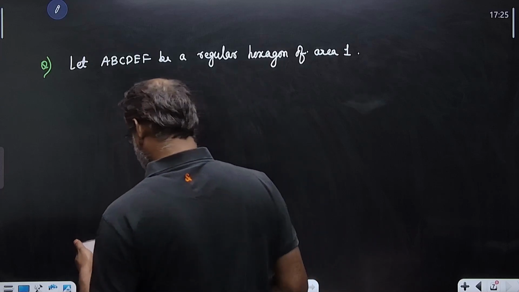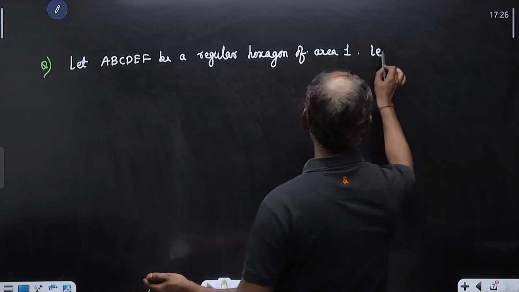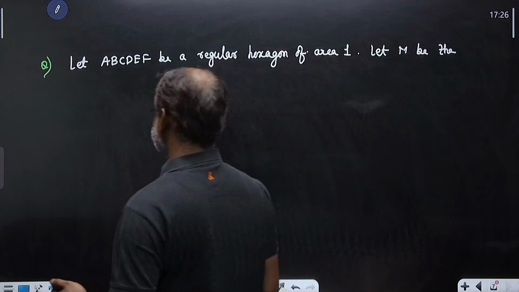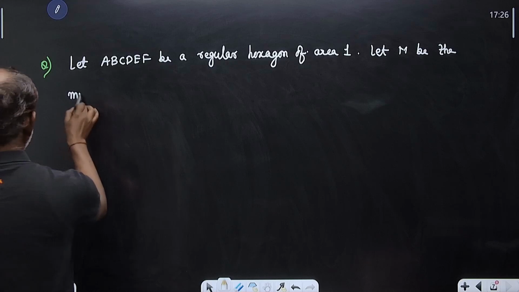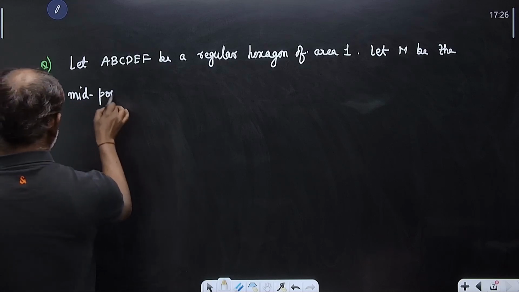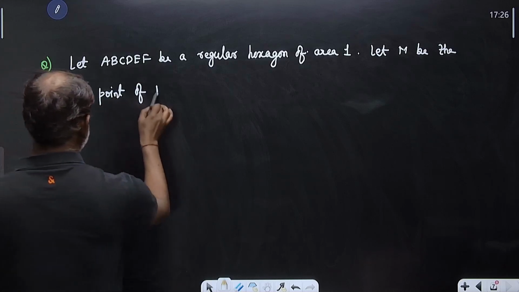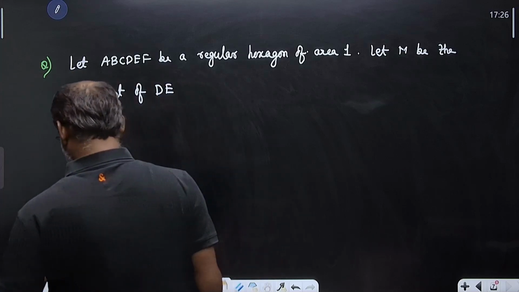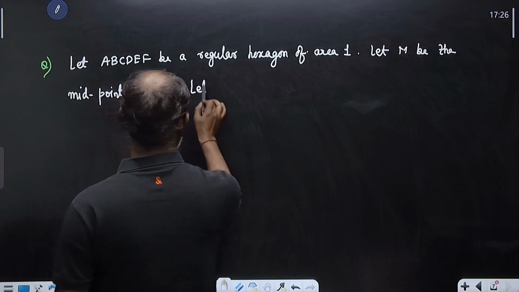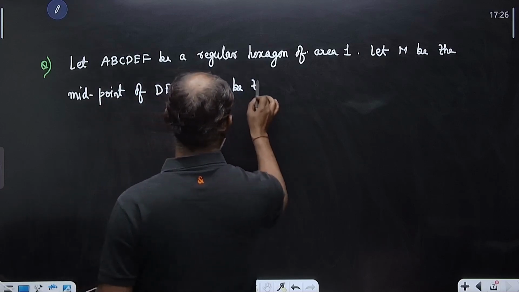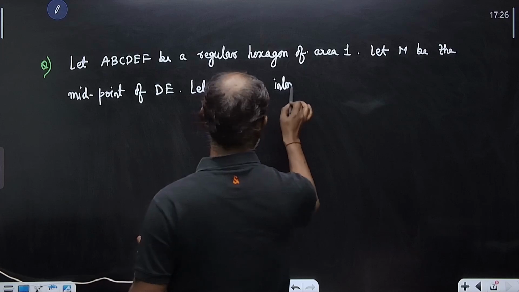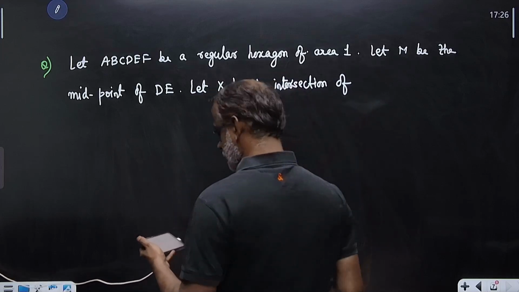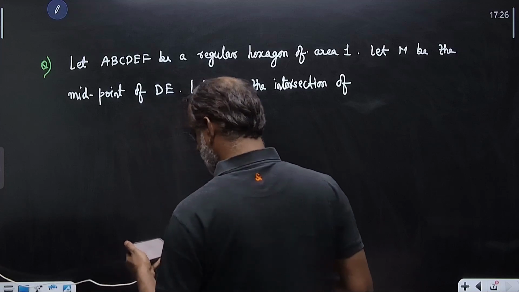Let M be the midpoint of DE. Let X be the intersection of AC and BM.